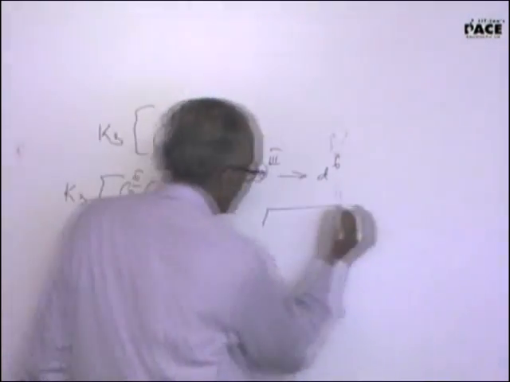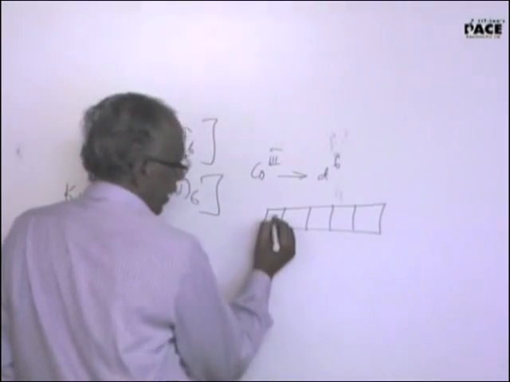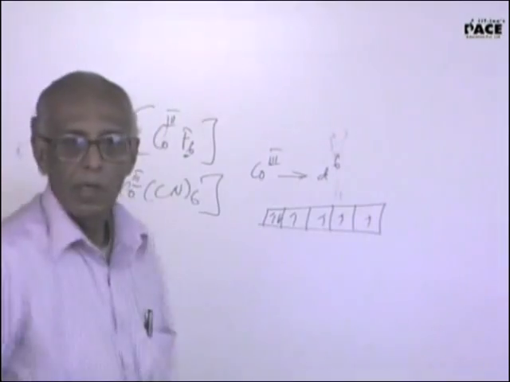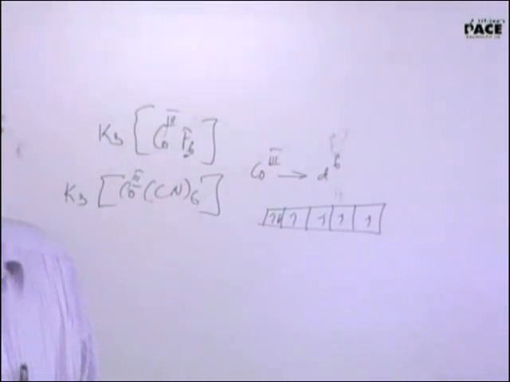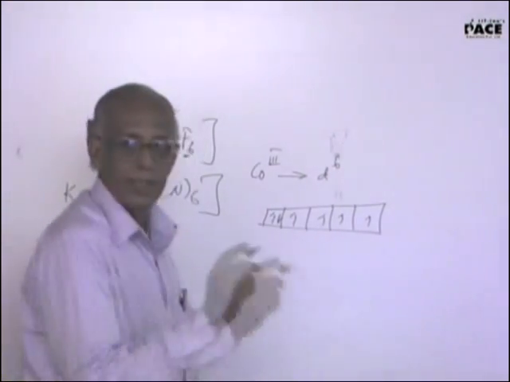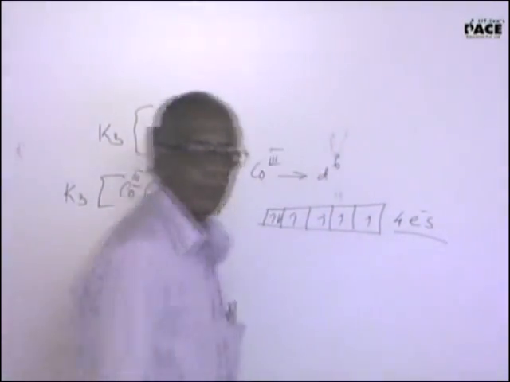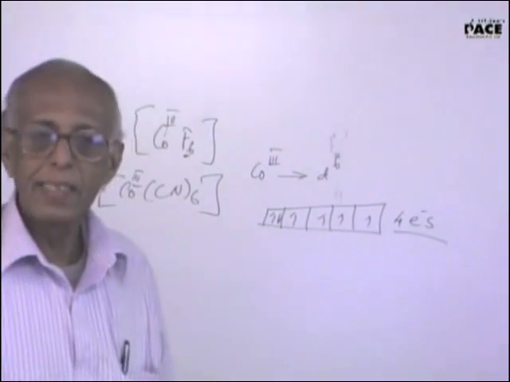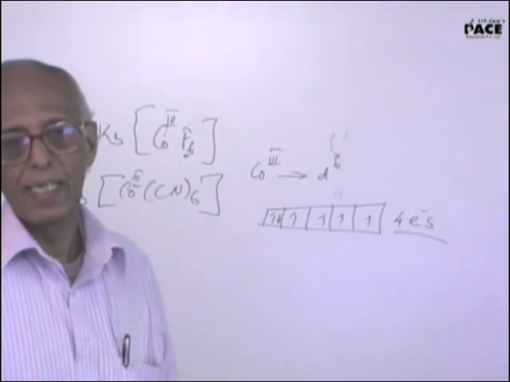Now, when the ligand is a weak field ligand, where the interaction is not very strong, then the pairing energy will not be provided. So there will be 4 unpaired electrons. Is it clear? Fluoride is a weak field ligand, so it cannot provide the pairing energy.